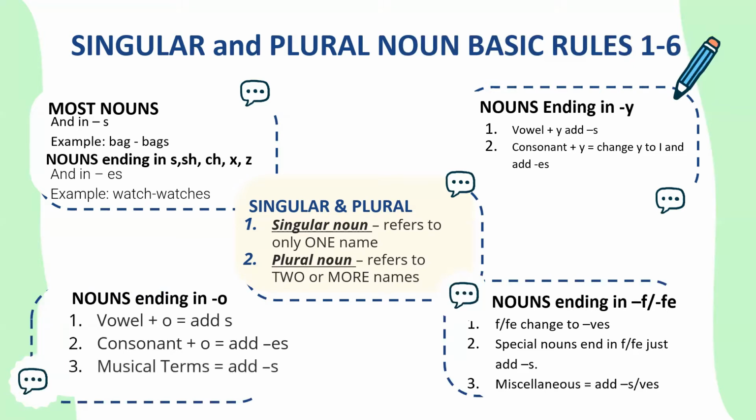For musical terms such as soprano, alto, we can just add S, making it sopranos or altos. Lastly, there are some miscellaneous nouns that are formed by adding S or ES, like for example, mango, you can say mangos or mangoes. Once again, these are our singular and plural noun basic rules 1 to 6.